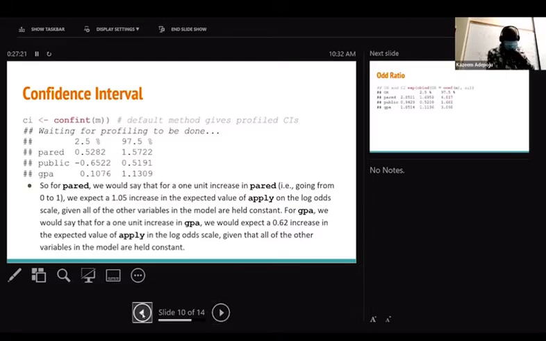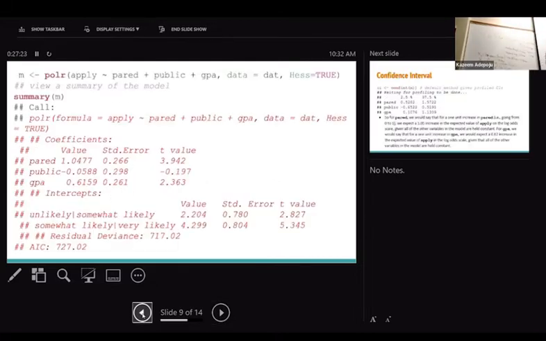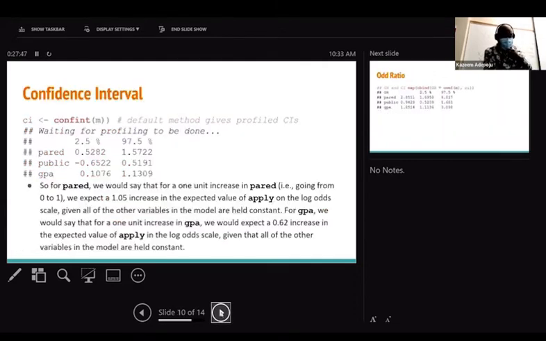Where do we get 1.05? This is where we get it: 1.0477 to 2 decimals is 1.05. That's positive, right? So for every unit increase in the parent educational status, we expect an increase of 1.05 on the log odds scale. Don't forget that's a log odds estimate, right?